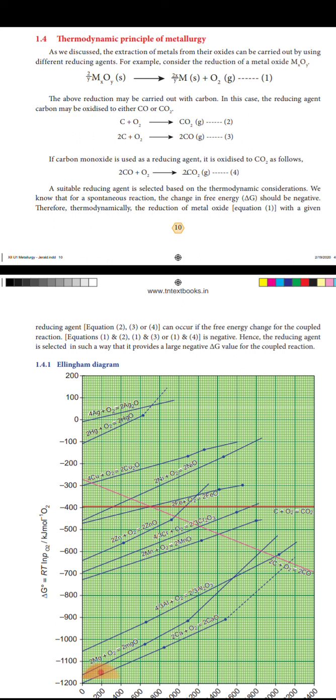Hence, the reducing agent is selected in such a way that it provides a large negative delta G value for the coupled reaction.